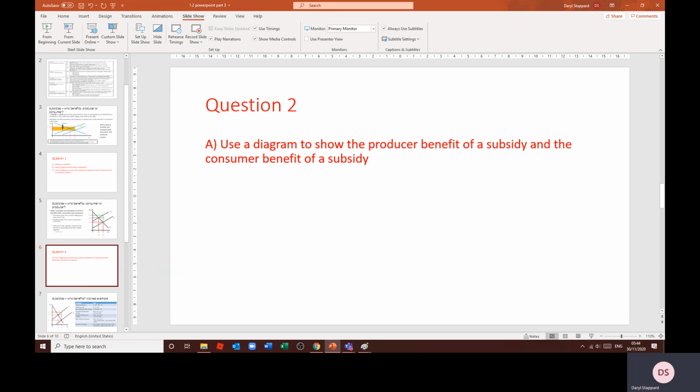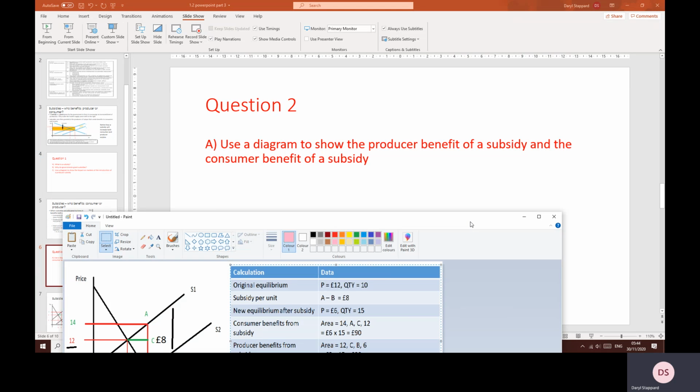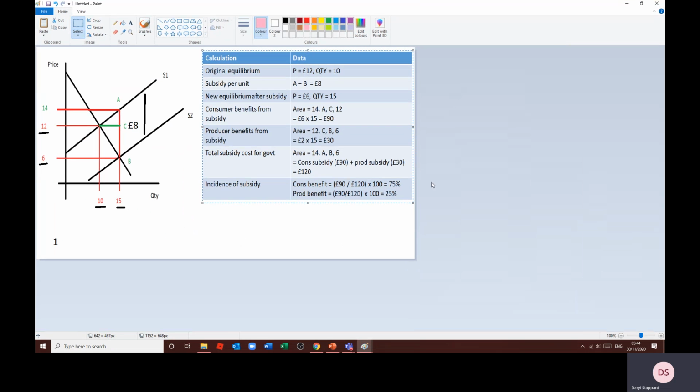Right, everyone, welcome back. Right, what I'm now going to show you is this. We're going to look at a numerical example of the impacts of a subsidy in the marketplace. Now the idea is the original market equilibrium price was £12, and the market demand and supply was in equilibrium at 10 at that equilibrium price.